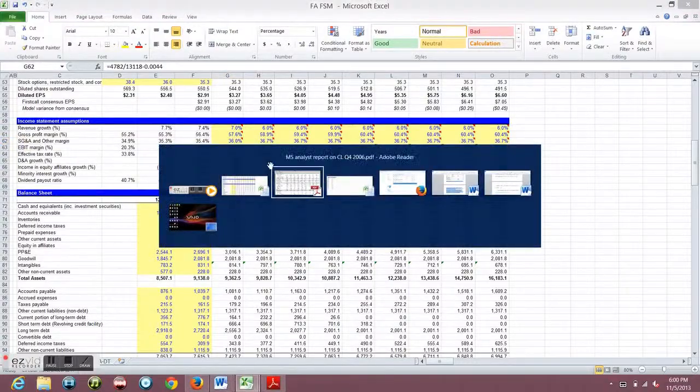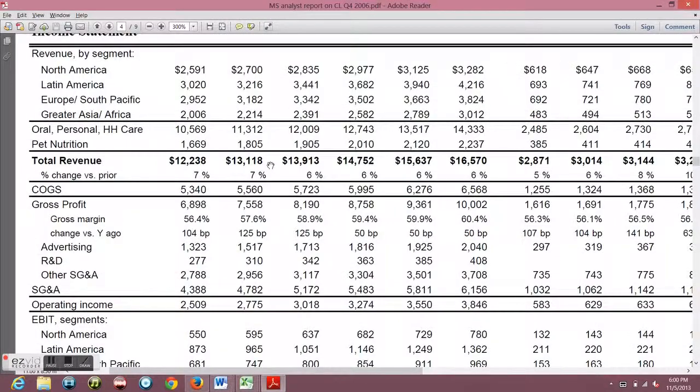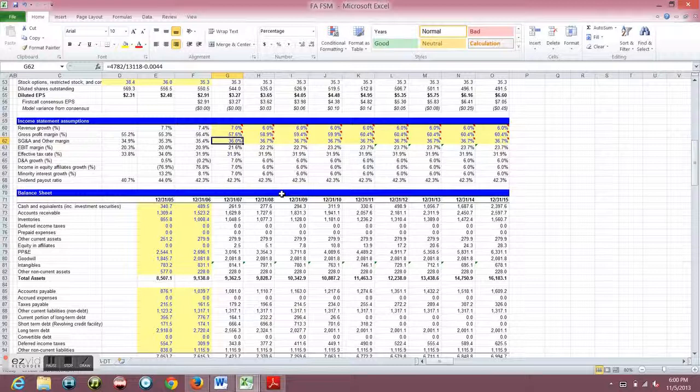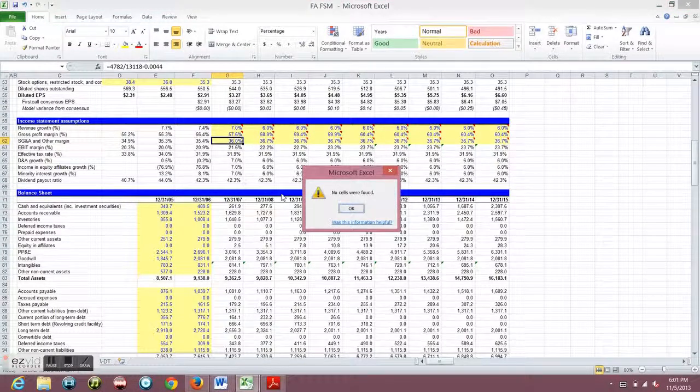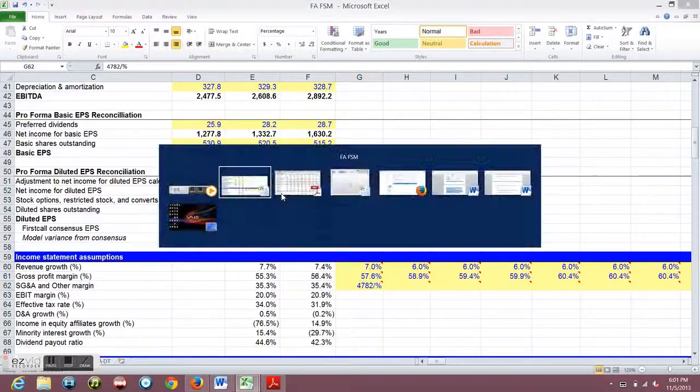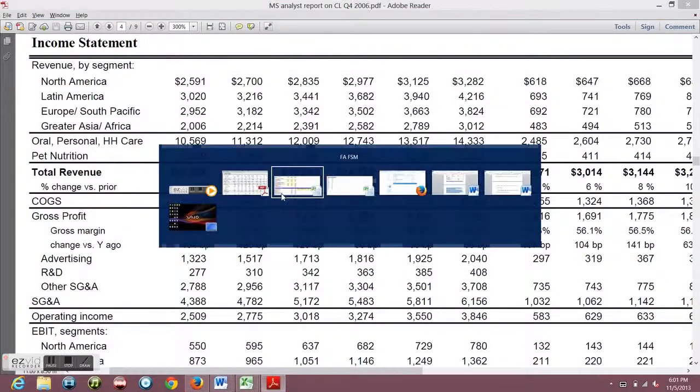So we did 4782 over 13,118. We're going to do 4782 divided by our revenue, which is 13,118.